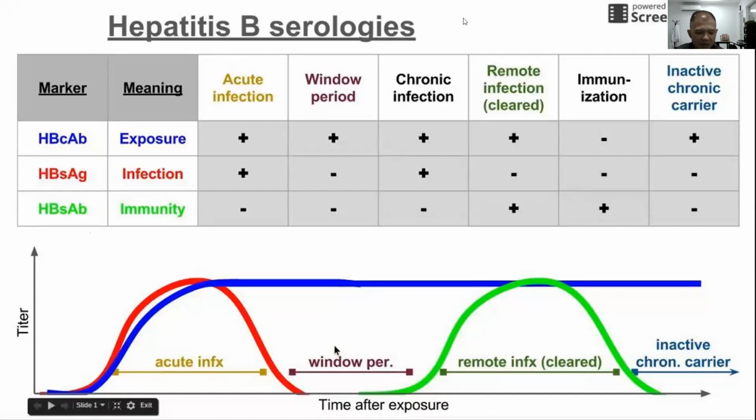Okay, so any questions about the case? So most of the time, this is a case of window period, but other possibilities, you can have a false positive or normal patient, or an AIDS patient where you don't have sufficient antibodies, or negative for antibodies, or you may have a hepatitis B patient who will have deficient HBsAg.